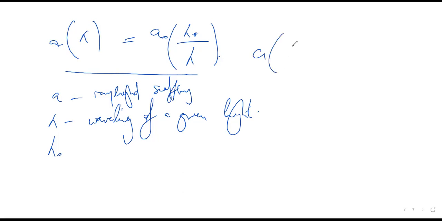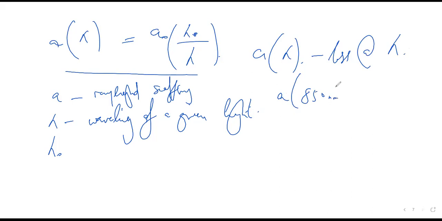So we have A lambda. This is the Rayleigh scattering loss at wavelength lambda. We have A at 850 nanometers, this is the loss at 850 nanometers.